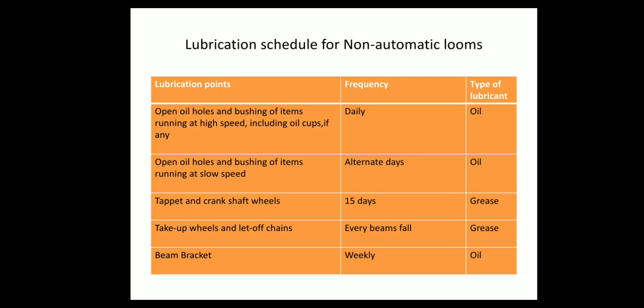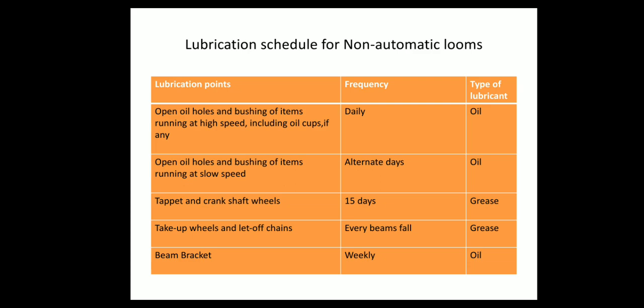Lubrication schedule for non-automatic looms. Lubrication points, frequency, type of lubricant. Type of lubricant generally will be oil or grease. On the left hand side there are lubrication points and on the right hand side there is frequency. First one: open oil holes and bushing of items running at high speed, including oil cups if any.